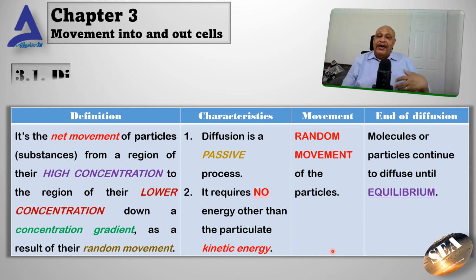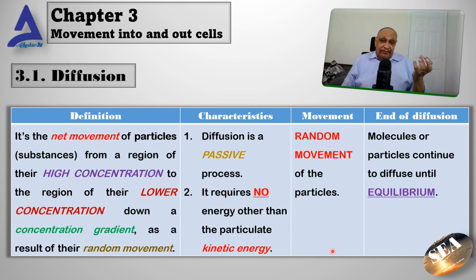And when this diffusion ends, molecules or particles continue to diffuse until equilibrium. What do we mean by equilibrium? We mean that the movement in both directions is equal, the same.